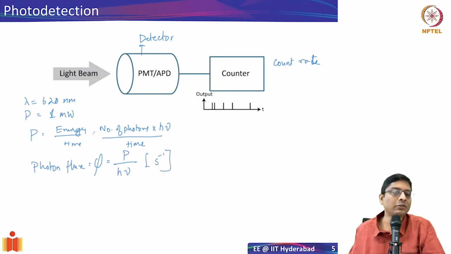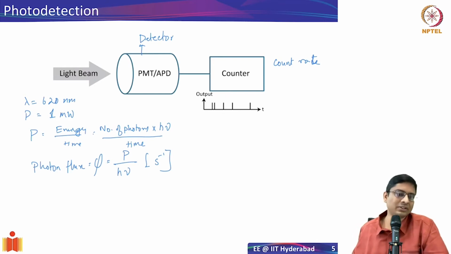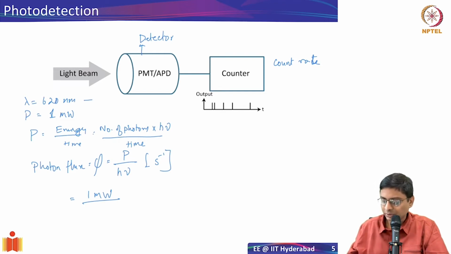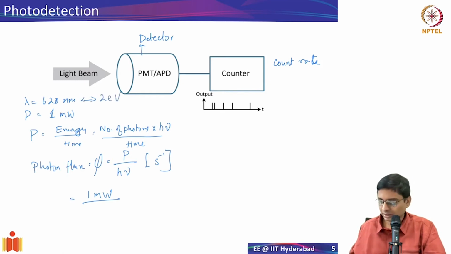So what will be the photon flux that I will see when 620 nanometer light is incident? My power is already there. So it is 1 milliwatt divided by h nu. What is h nu? Well, you have to calculate. We know that 620 nanometers corresponds to 2 eV of light. A milliwatt is millijoules per second.